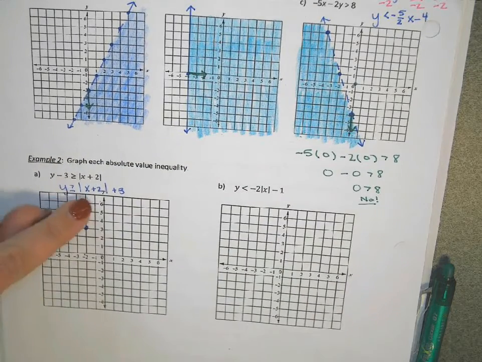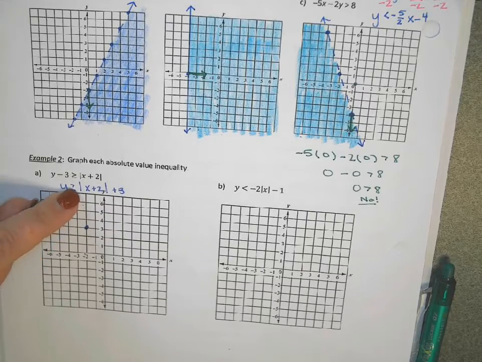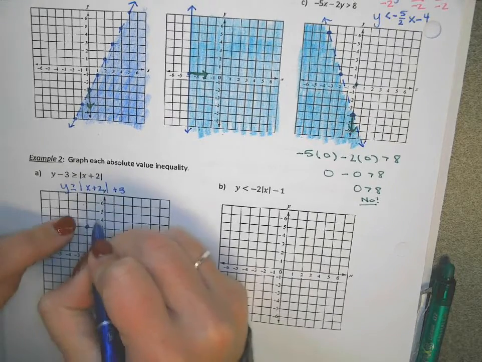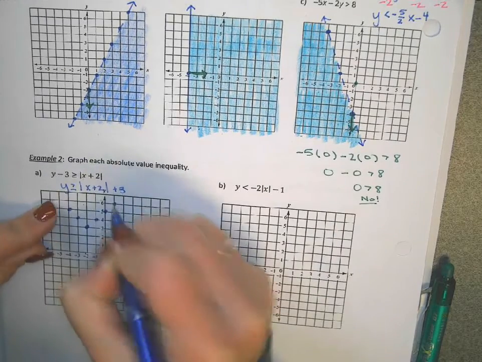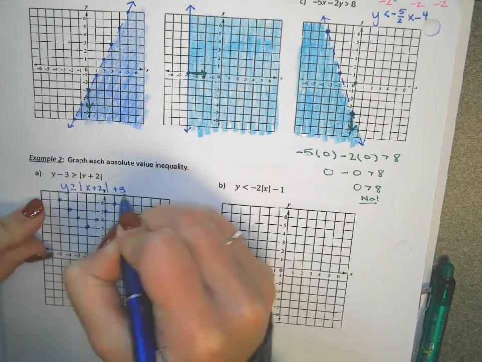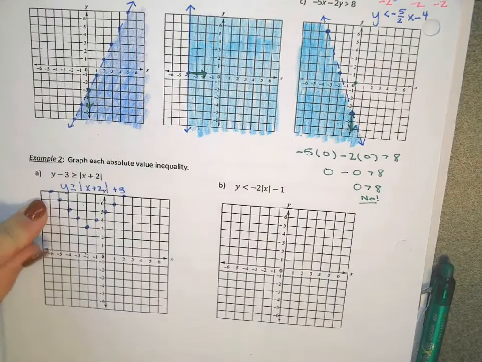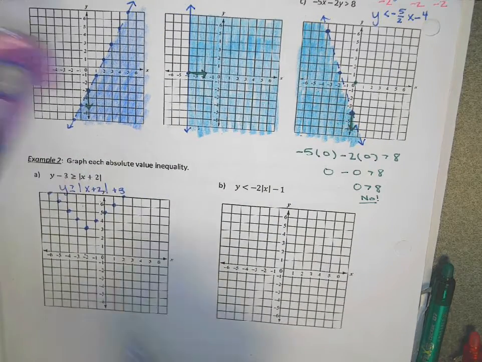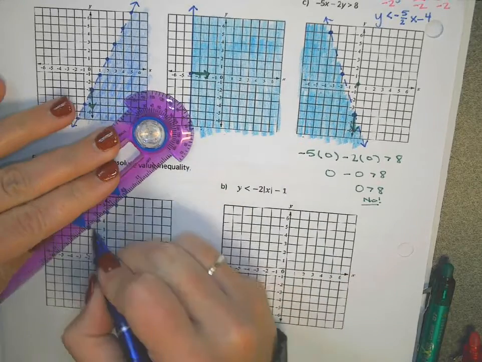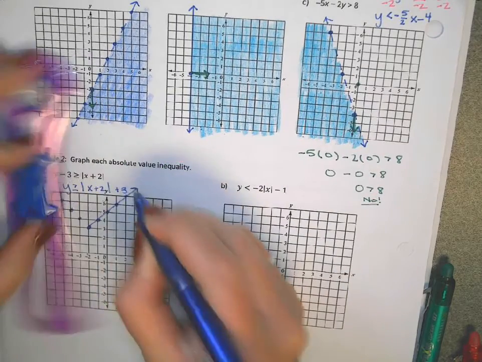There's no numbers out front, so that means that the slopes on the V are the same as our parent function. So up 1, out 1, up 1, out 1, up 1, out 1, up 1, out 1. Then you have to pay attention. Is this going to connect with a dashed line or a solid line? It's or equal to, so we have a solid line here.